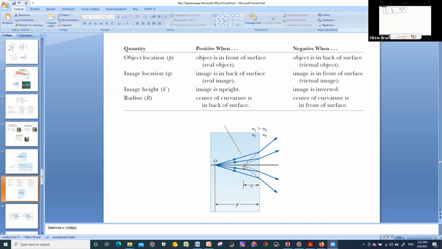and its location, in front of, like right side from the object or left side from the object, will be defined by the ratio of refractive indexes. So let us show this quantitatively.